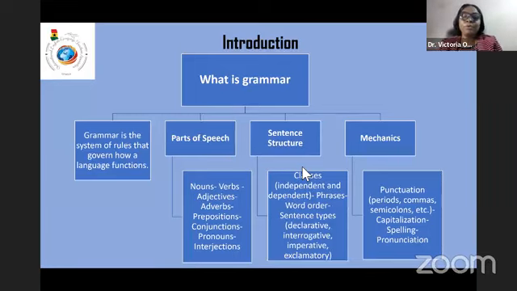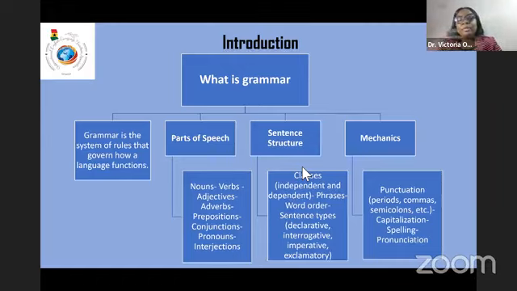Grammar, as we all know, is a system of rules that governs how a language functions. And so as a system of rules, it includes things like words, phrases, clauses, sentences, etc. And grammar can be divided into three key aspects. So there's parts of speech, which are more like the building blocks of the language.